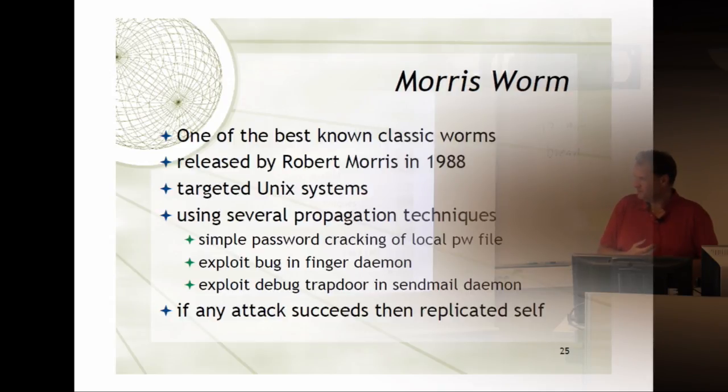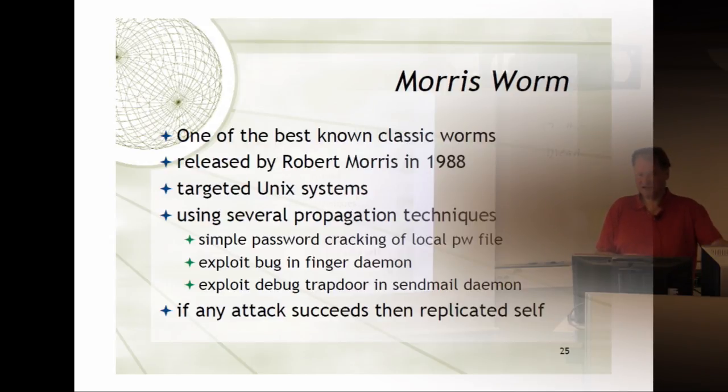Secondly, it exploited the finger protocol. On a Unix system, you have a daemon running that's called finger, and from any machine you can send a request to that Unix workstation and ask for information about a certain user.